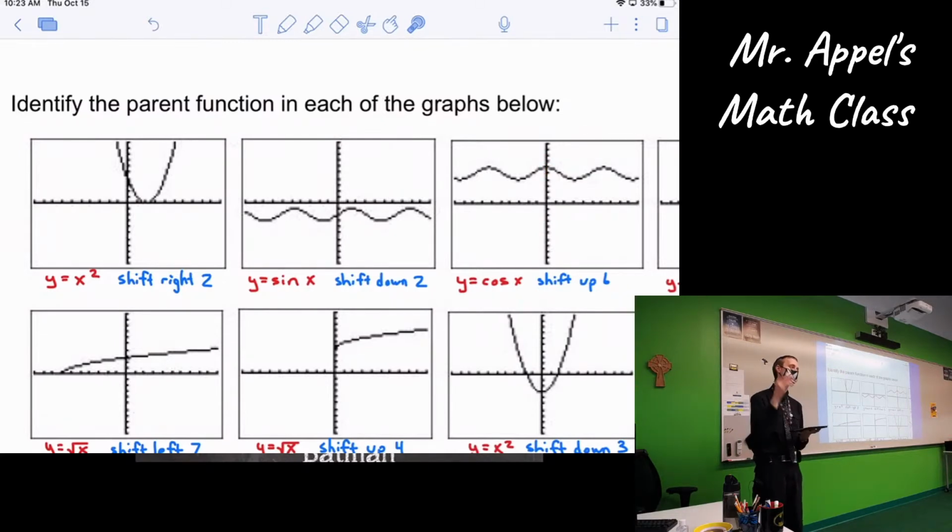If it starts in the middle of a hill, it's a sine. And by start, we always mean where the y-axis is. This one has been shifted down. This one was shifted up. At the very least, this number should be bigger than that number, relatively speaking.